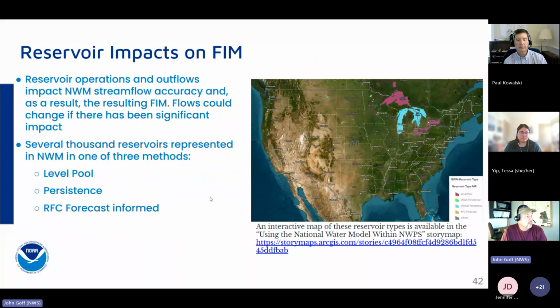Reservoir impacts on FIMs, they certainly can impact stream flow accuracy, right? What's the flows on the Connecticut? Well, that's highly dependent on what Comerford Dam releases or Wilder Dam or any of these dams have their degree of releasing on the Connecticut, or Waterbury going into the Winooski, right? So depending on that, some of the flows into the FIM could change.